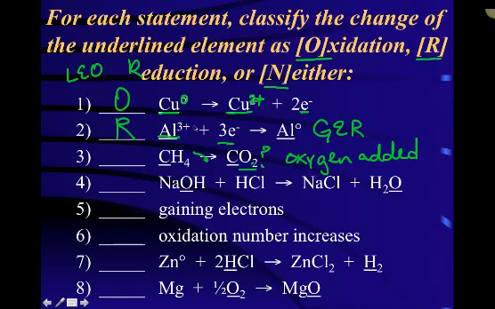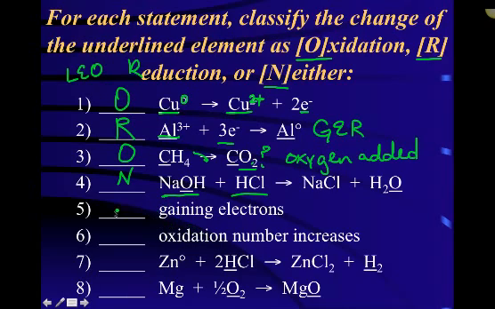So I'm going to call this one oxidation. Even though I don't have the complete picture of the equation, I'm going to make a guess that that's oxidation. My next one I have sodium hydroxide and hydrochloric acid. That's an acid-base reaction, and so that cannot be oxidation or reduction because that is double replacement.